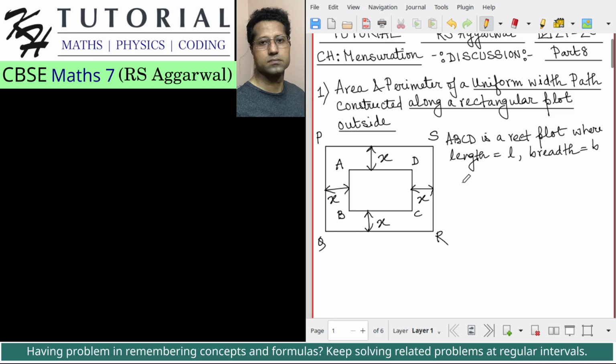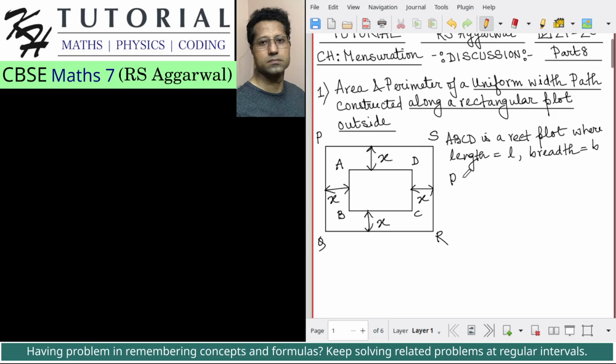First of all, let's find out the dimensions of the figures. Let's find the length and breadth of the outer boundary of the path, that is PQRS.